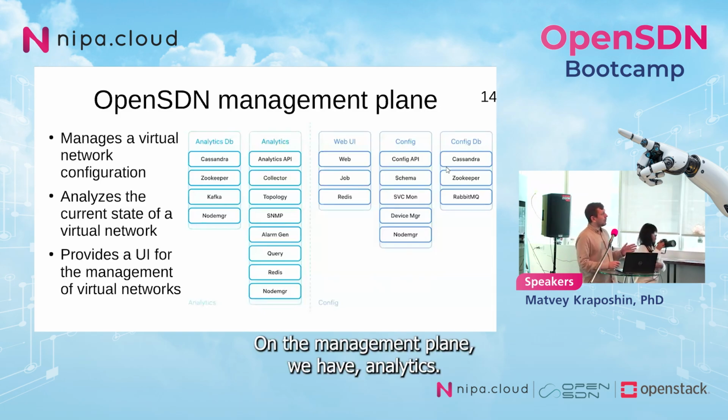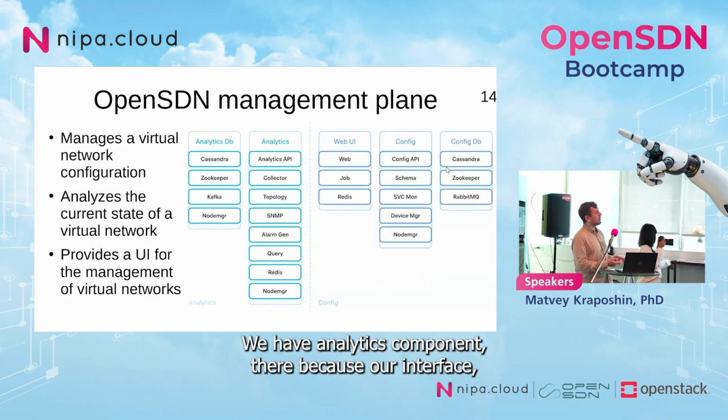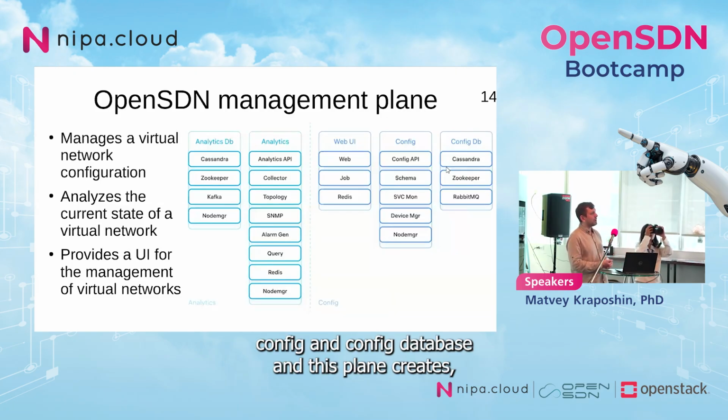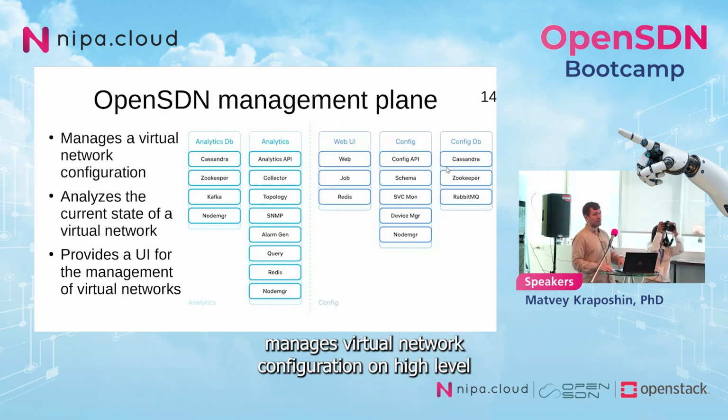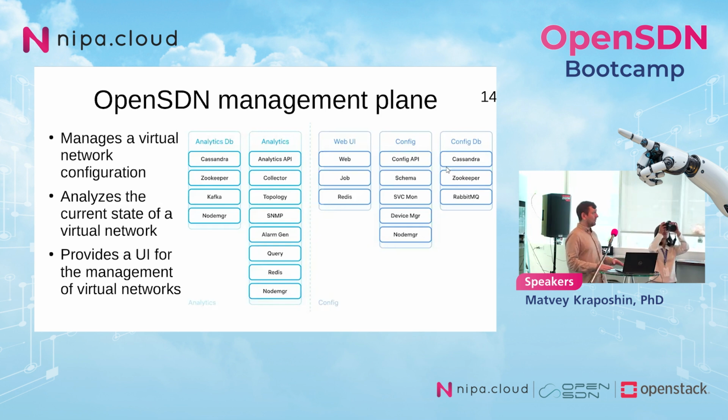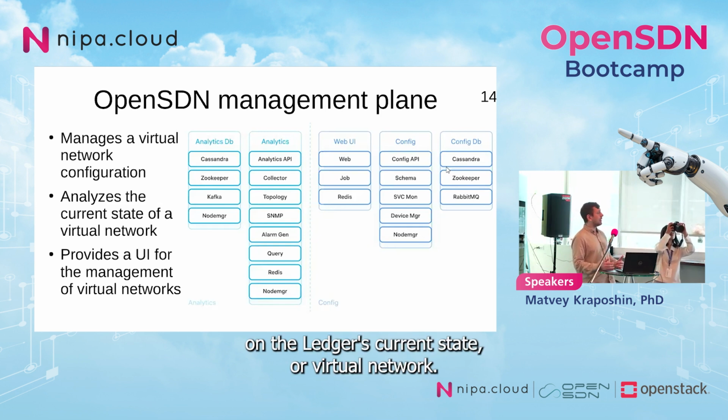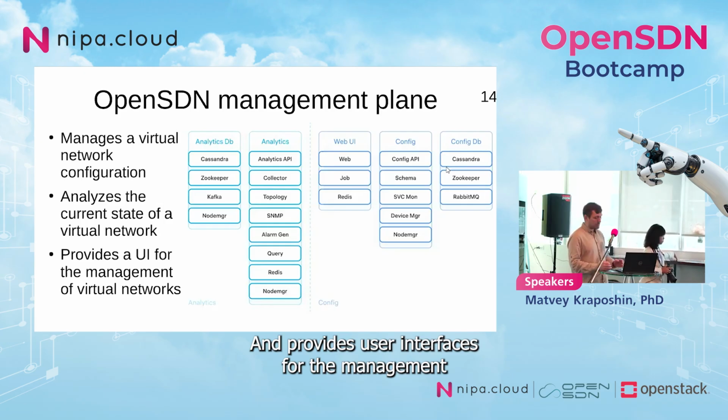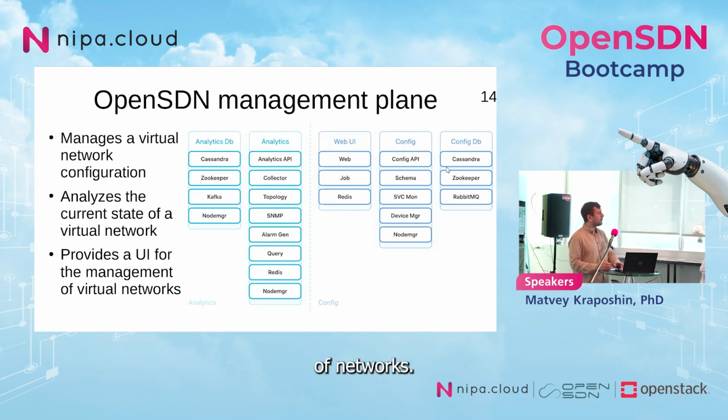On the management plane, we have analytics, we have all databases, we have the analytics component, web user interface, config, and config database. And this plane manages virtual network configuration on a high level, analyzes the current state of the virtual network, and provides user interfaces for the management of networks.